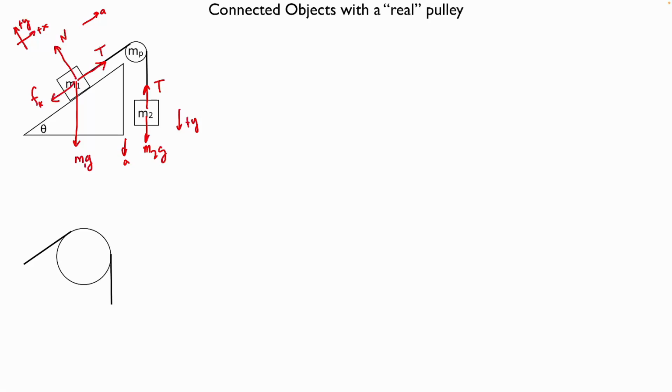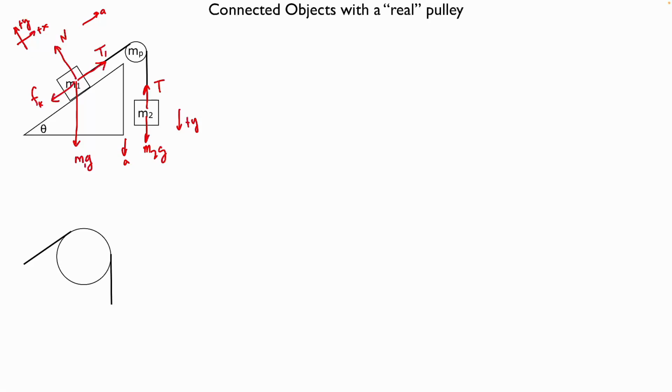All right. So everything on the screen right now is not different from chapter 6, where we did connected objects with friction. Here's where it changes. Because the pulley has mass, the tensions in those strings are not the same anymore.